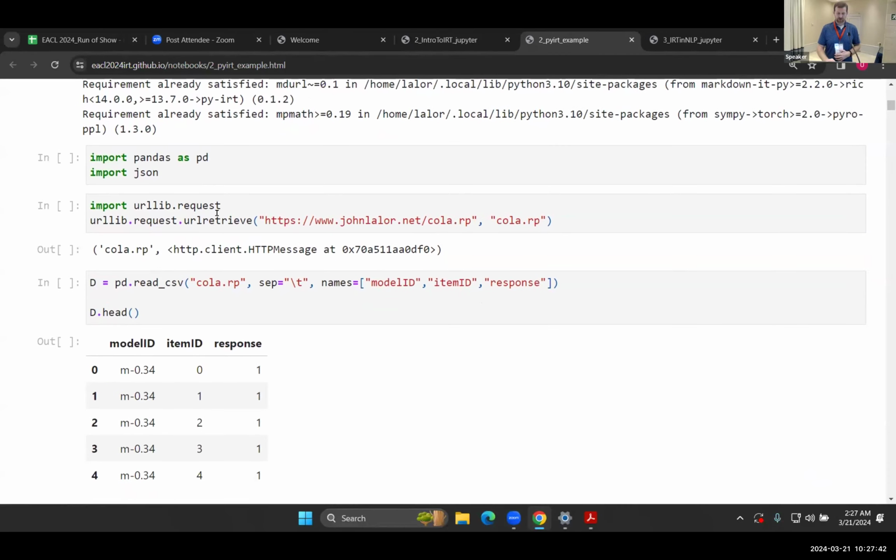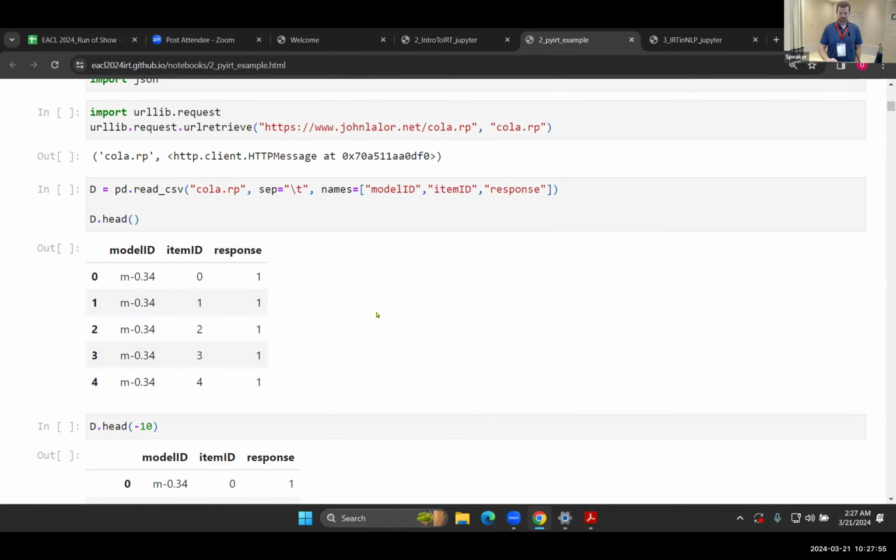Now, the data set we're going to use here is a collection of response patterns from CoLA, which is part of the GLUE leaderboard. So I've got a copy of the response pattern saved up on the web. You can just download it here, read it in, and we can see the format here. The format that I typically save in before converting it to PyIRT is model ID, item ID, and response.